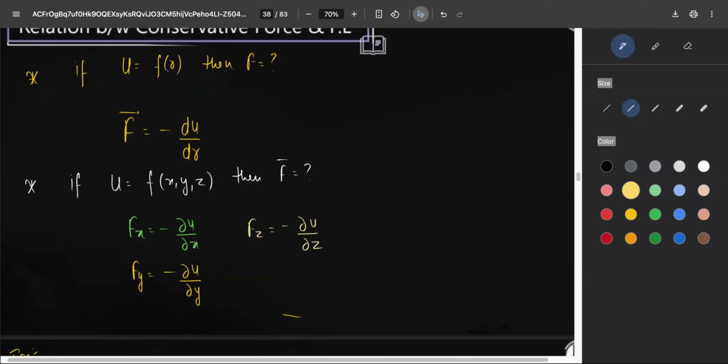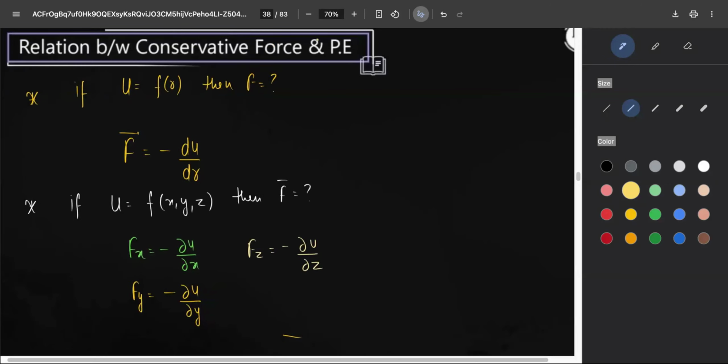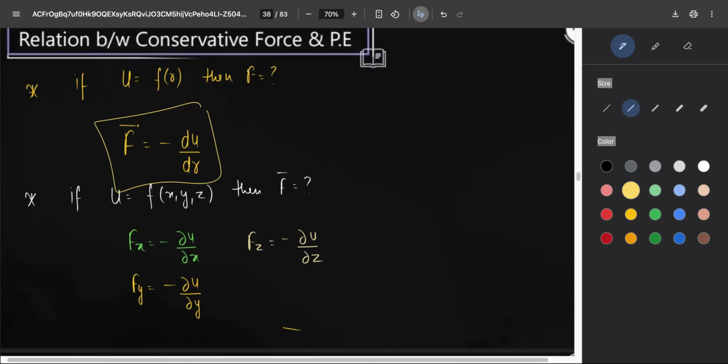Just integrate it. Now look, conservative force and potential energy. So this is the relation we are going to do. Nothing else. Because when you have some conservative force, potential is only stored when you are doing some force against it. If work has been done in the direction of force, potential energy will decrease.